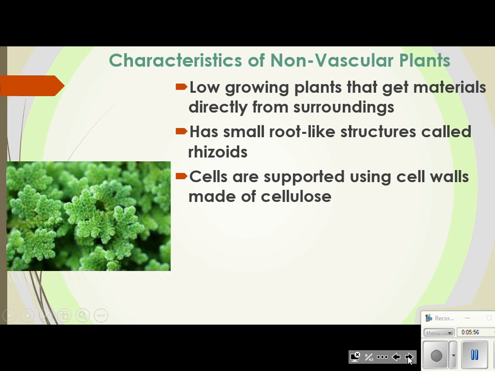They are supported by cell walls that are made of cellulose. So the cell wall of these non-vascular plants is made of cellulose. It gives them support. It also gives them a little bit of protection.